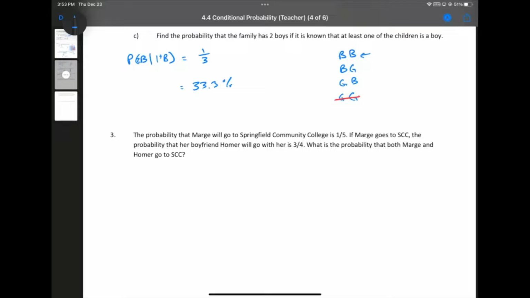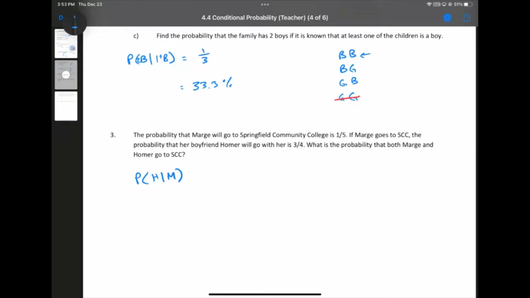Well, you're welcome to try and brute force your way through this one, and many students do. This is one where I think maybe using the equation is helpful. So what I'm going to do is say, what is the probability that Homer goes given that Marge goes?